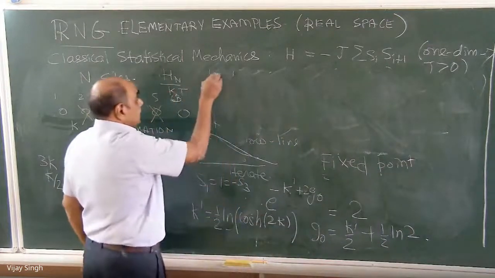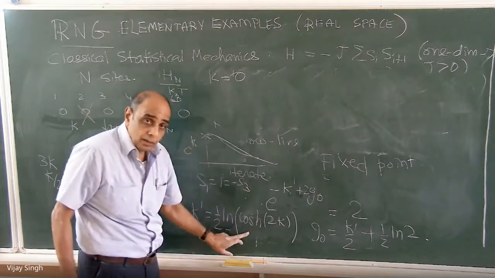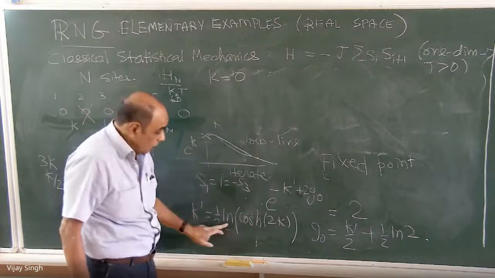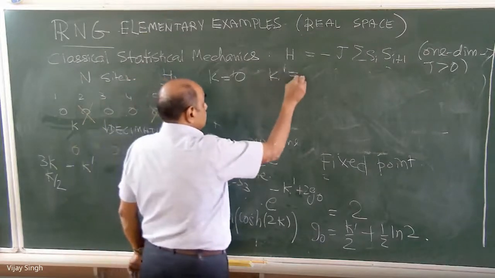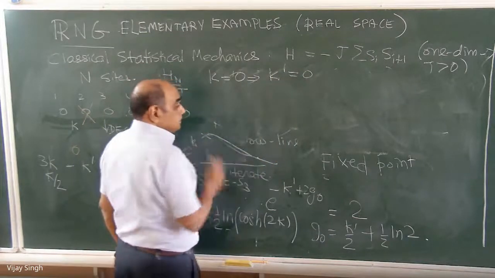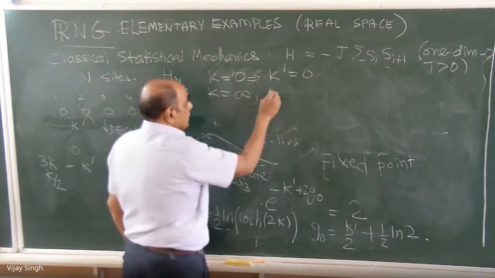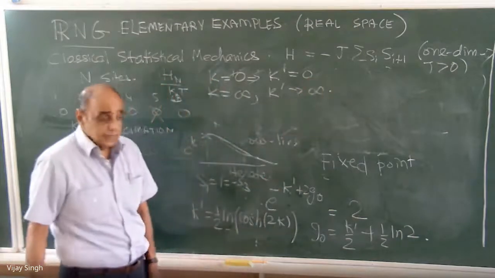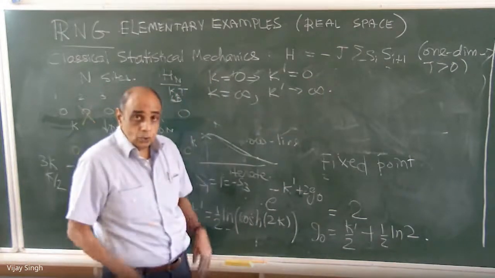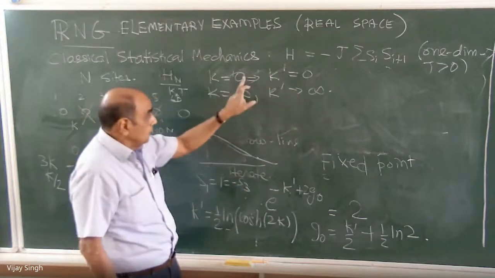One is that if k is equal to 0, cosine hyperbolic of 2k is equal to 1, log of 1 is 0, so k prime is equal to 0. If k is equal to infinity, k prime is equal to infinity. That is not hard to see. So the only trivial fixed points are k equal to 0 and k equal to infinity.